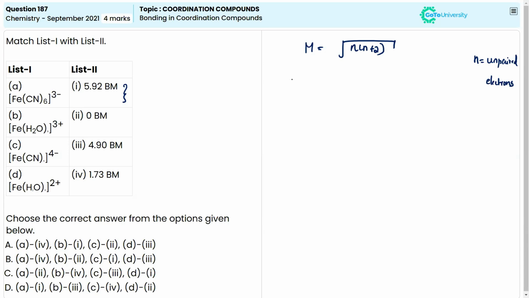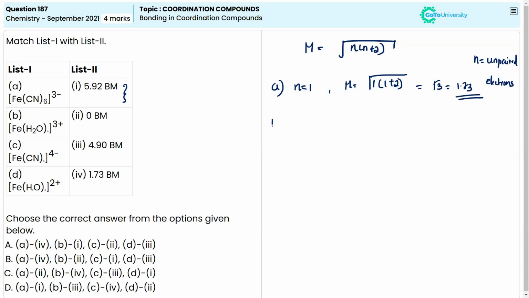Let us consider the first one, [Fe(CN)6]3-. In [Fe(CN)6]3-, we have only one unpaired electron, so the n value will be 1. Now we can find the magnetic moment: square root of 1 into (1 plus 2), that is square root of 3, which is equal to 1.73.